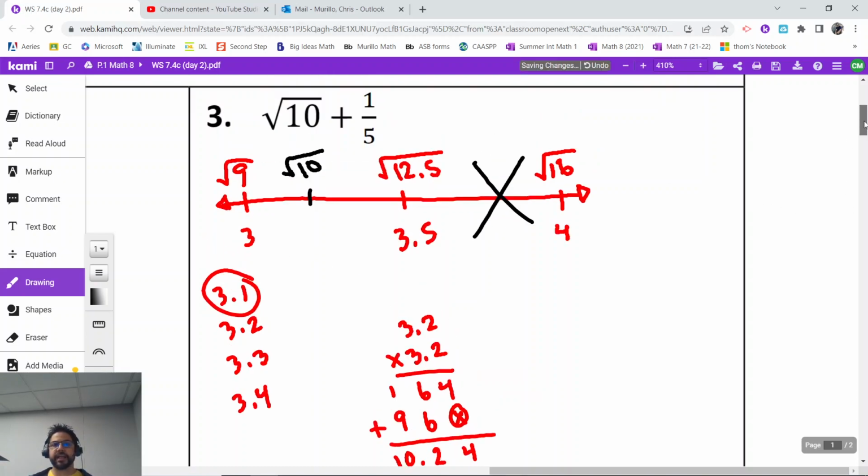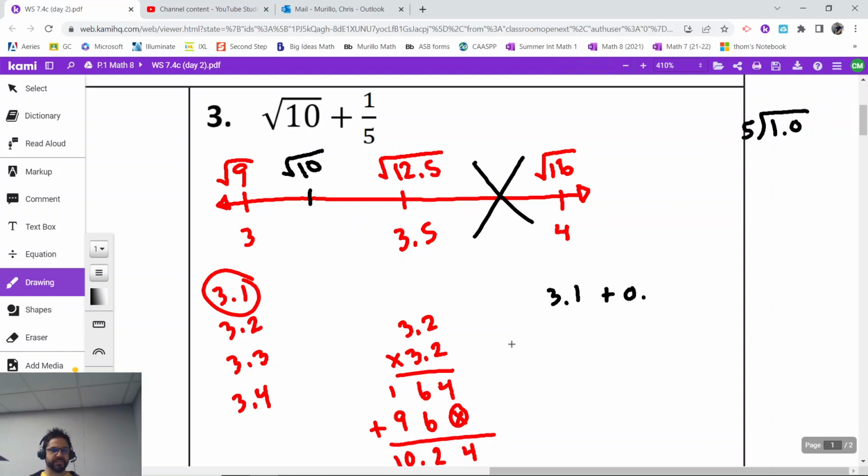So we're going to go ahead and say that the square root of 10 is approximately 3.1 plus, let me change colors to have it stand out, 1/5, which is really going to be 0. And if you don't remember the decimal form of that fraction, you could always go and do your division.